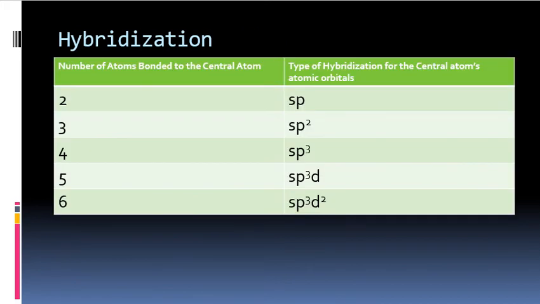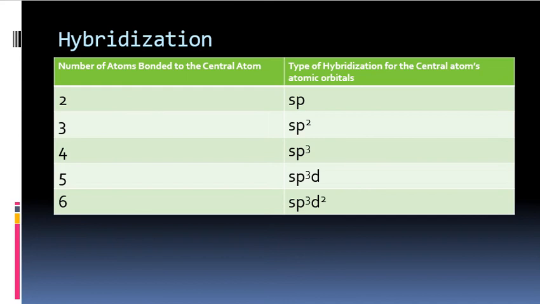And to determine the level of hybridization is pretty simple. The number of atoms that a central atom is bound to is the number of its atomic orbitals it will need to hybridize. So, if the central atom is bound to two atoms, then the central atom will need to hybridize its s orbital and one of its p orbitals, so 2 atomic orbitals, and that hybridization is called sp.